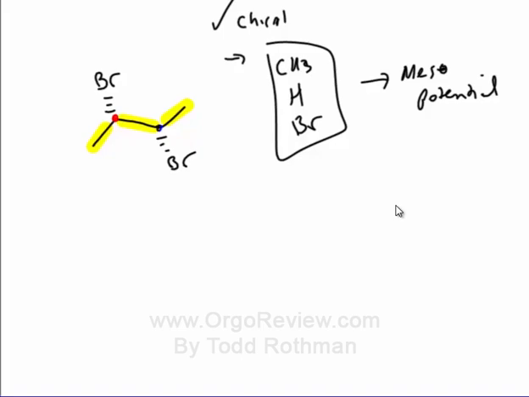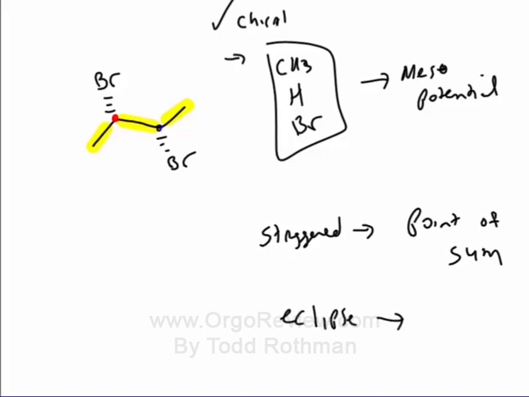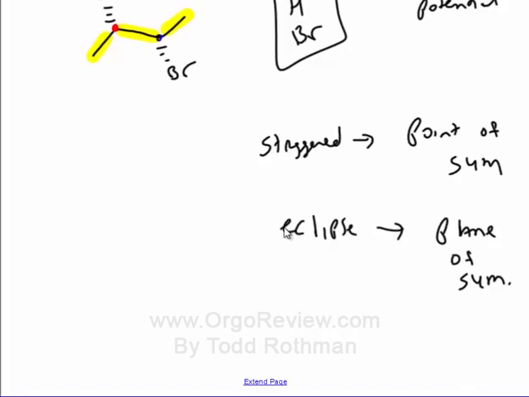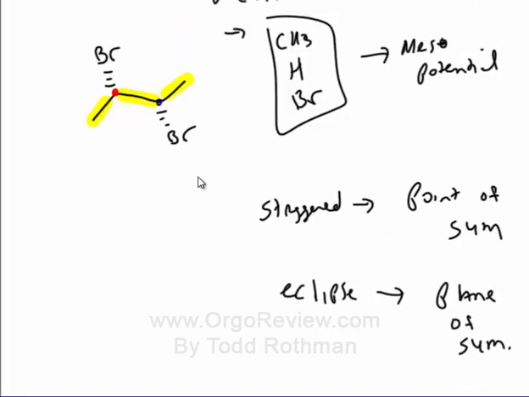So when it's staggered, then you're looking for a point of symmetry, right? But if it's eclipse, you're looking for a plane of symmetry. That's what you do. So in our example, we're looking for a point of symmetry because it's staggered.